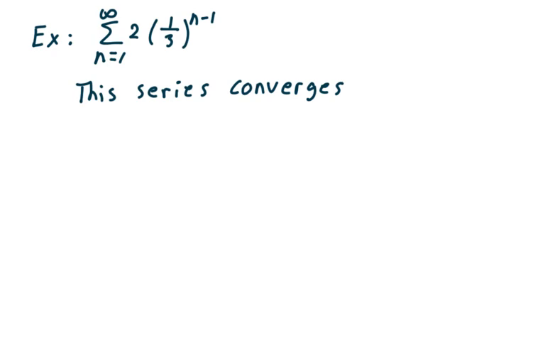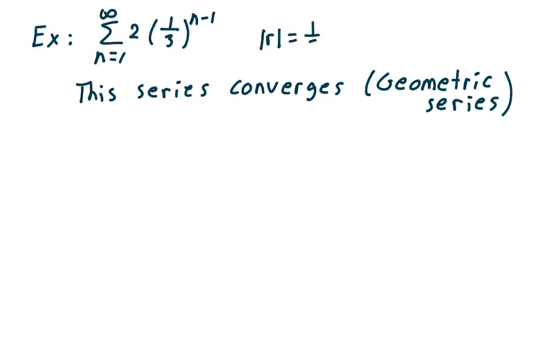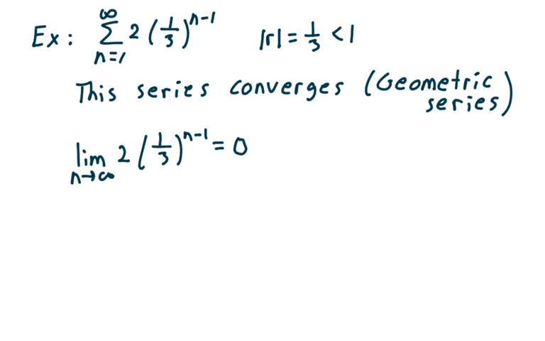It's a geometric series. So notice here the absolute value of r equals 1/3, which is less than 1. But if we look at the limit as n goes to infinity of 2 times 1/3 to the n minus 1, this is also equal to 0.